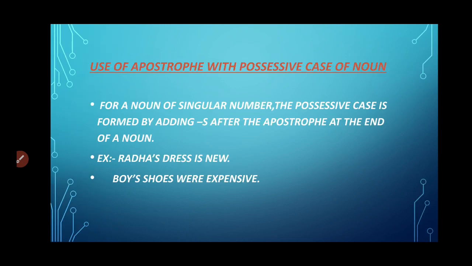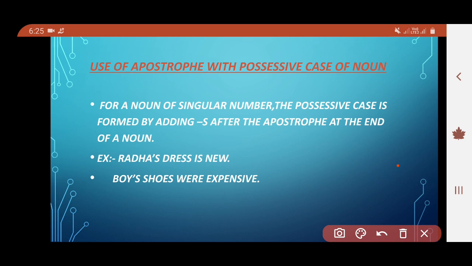Use of apostrophe with possessive case of noun. So, for a noun of singular number, the possessive case is formed by adding s after the apostrophe at the end of a noun. Okay, that means what? For a noun of a singular number.